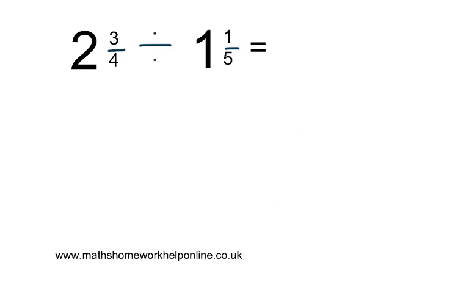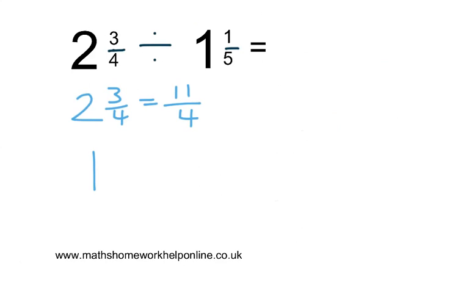Okay, our final example is looking at divide where we've got a mixture of whole number and fraction, so a mixed number. Like we did before, the first step is to change the mixed number into an improper fraction, so 2 3/4. We need to think: 2 times 4 is 8, plus 3 is 11, so 2 3/4 is the same as 11/4.